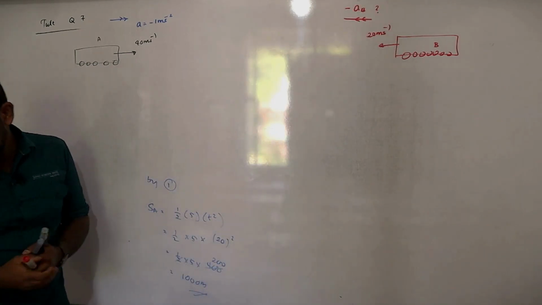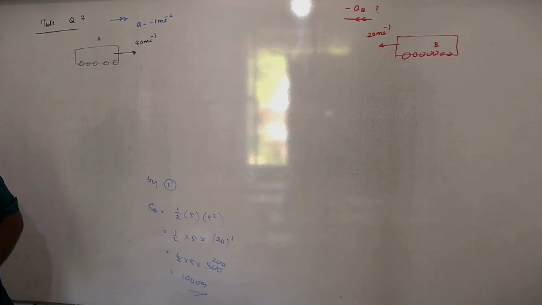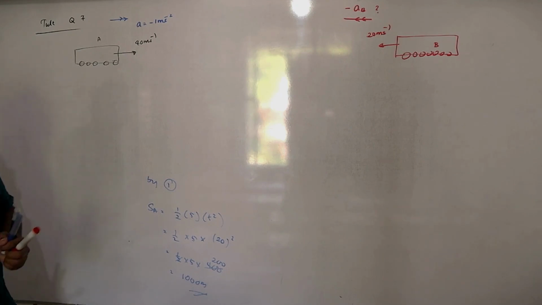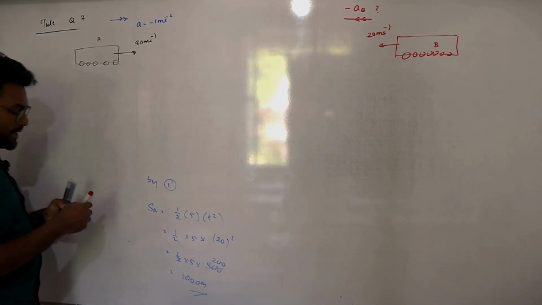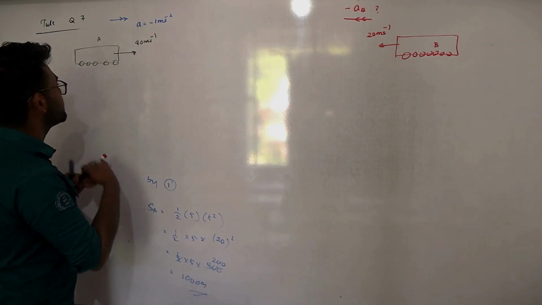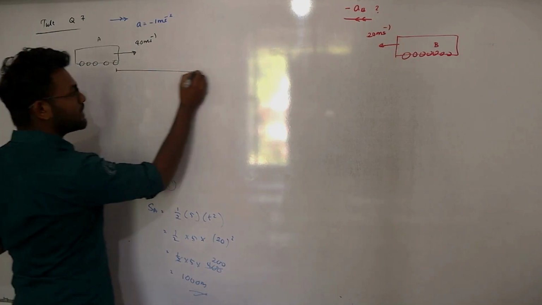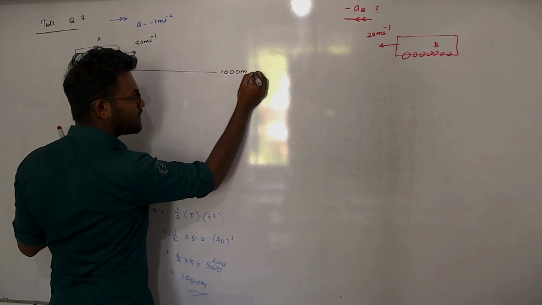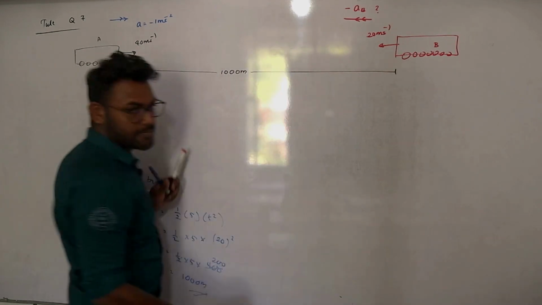What's the deceleration of the B to stop the trains before crashing? So A is going to apply the brakes and gives this deceleration once the separation between them is 1 kilometer, so I can mark it to be 1000 meters.